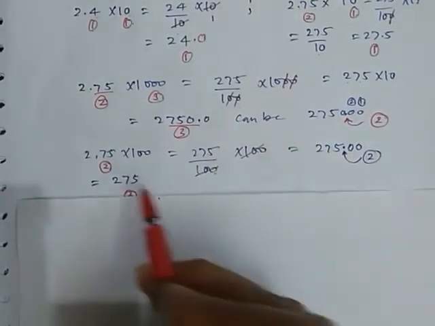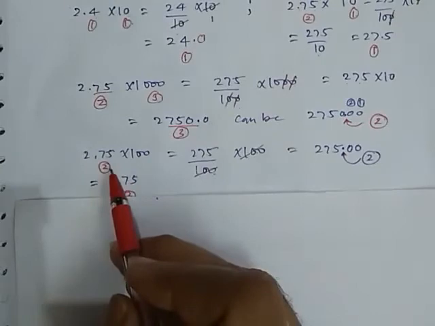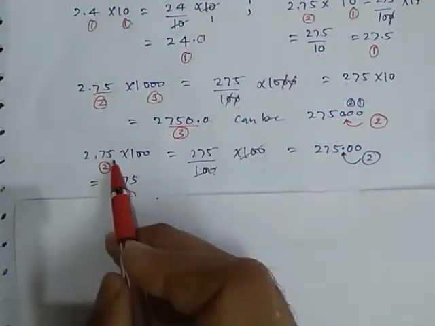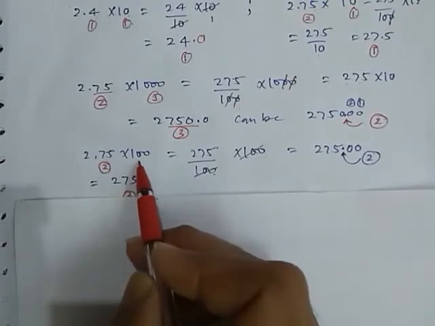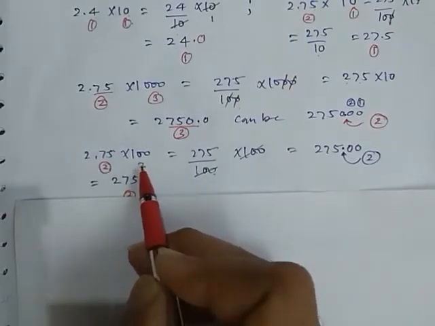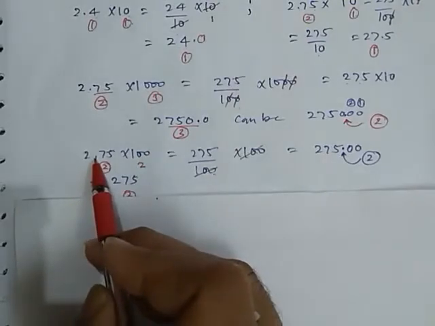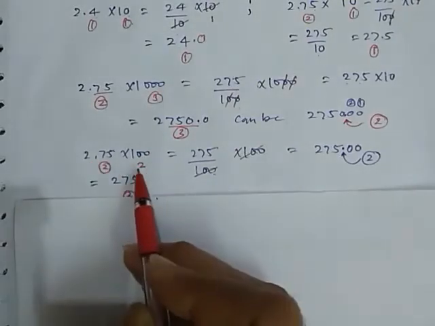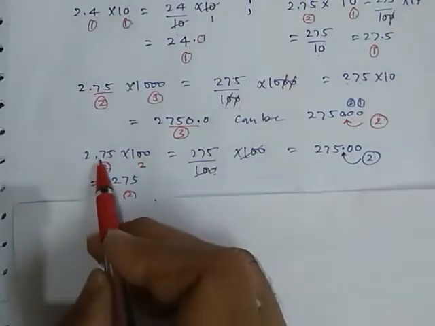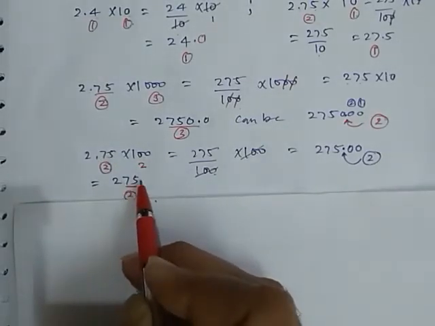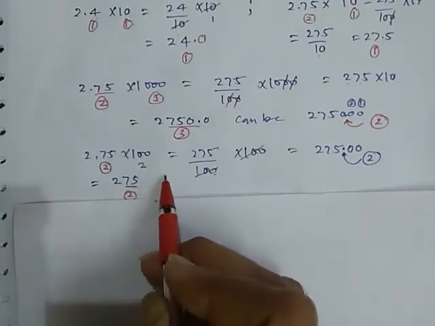Okay. Or one more method is that we directly shift this decimal. How many times? 2 times. Because here 100. So we shift this decimal right side by 2 digits. So when we shift this right side, this decimal is out of here.